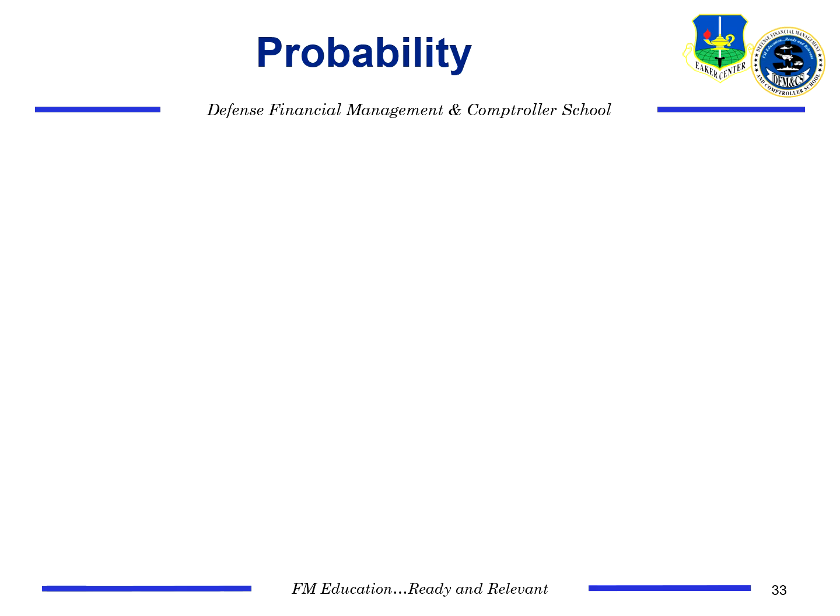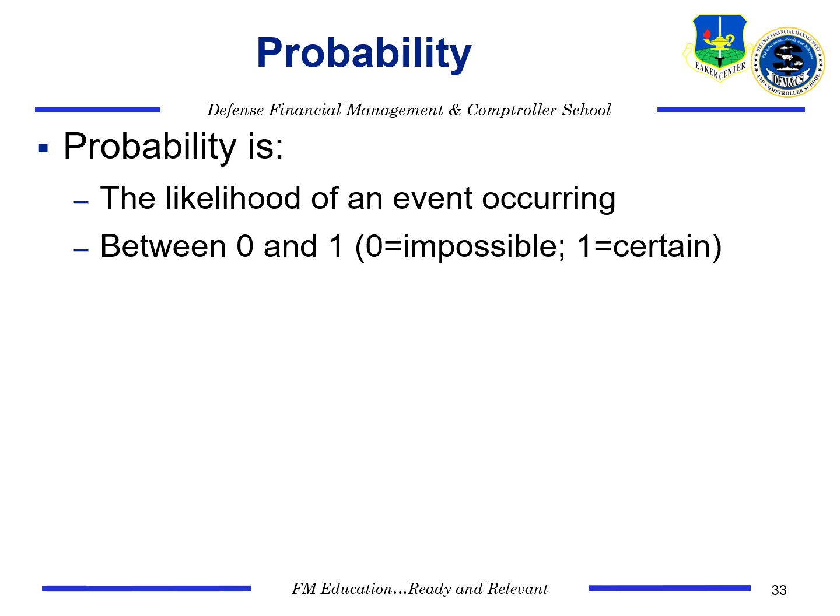Next up, we're going to go over probability. Probability is the likelihood of an event occurring. The way it is set up mathematically is between 0 and 1, 0 being impossible and 1 being certain.